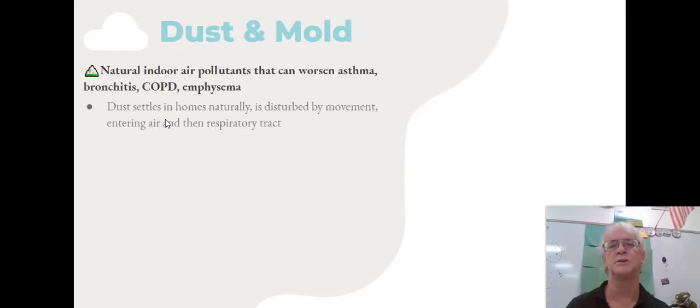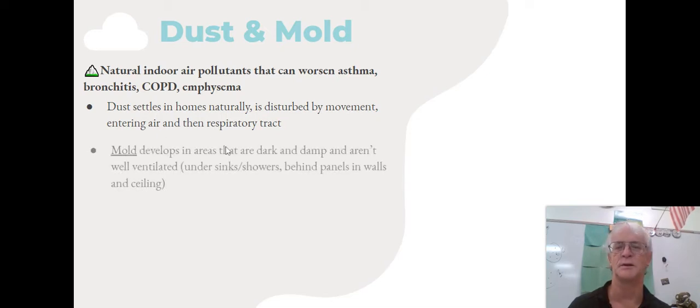Dust and mold. Natural indoor air pollutants can worsen asthma, bronchitis, COPD, and emphysema. I have asthma. I have allergies, and therefore dust and mold is nasty. Dust settles in homes naturally, is disturbed by movement, enters the air, and it enters the respiratory tract.